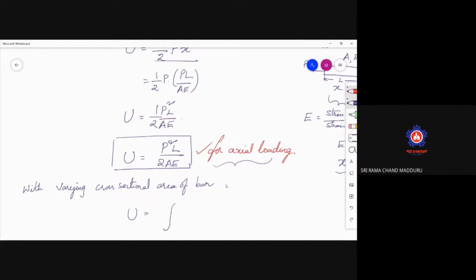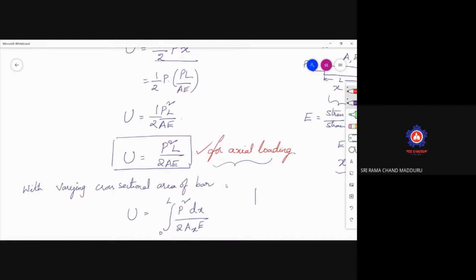So just see this one: U is the integral from 0 to L of P square dx by 2 into Ax into E. Ax is nothing but the cross-sectional area.